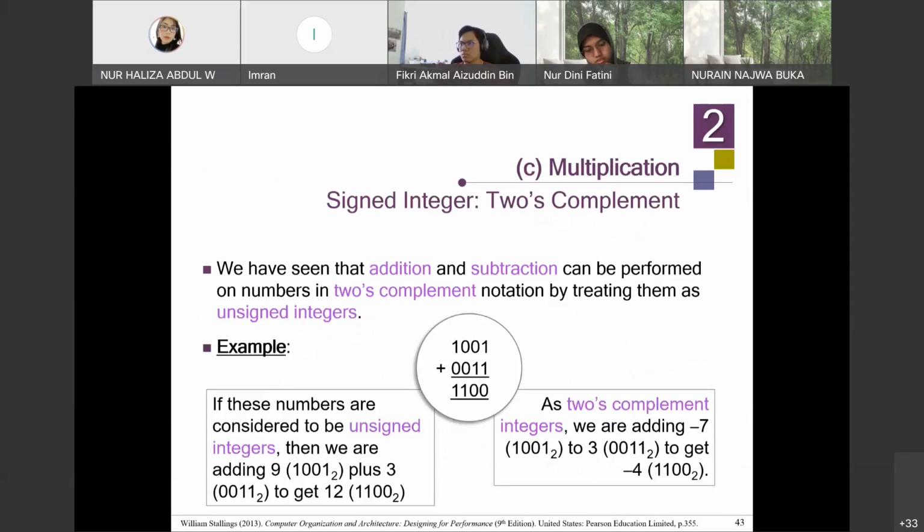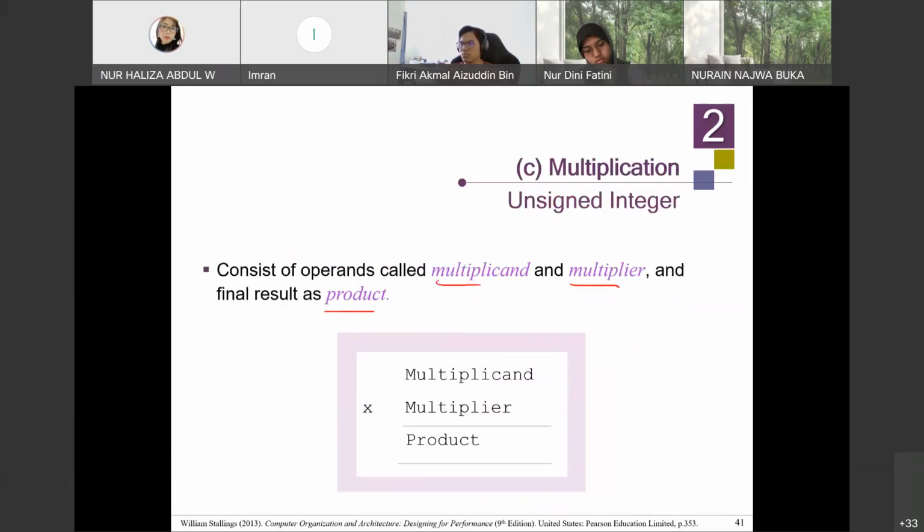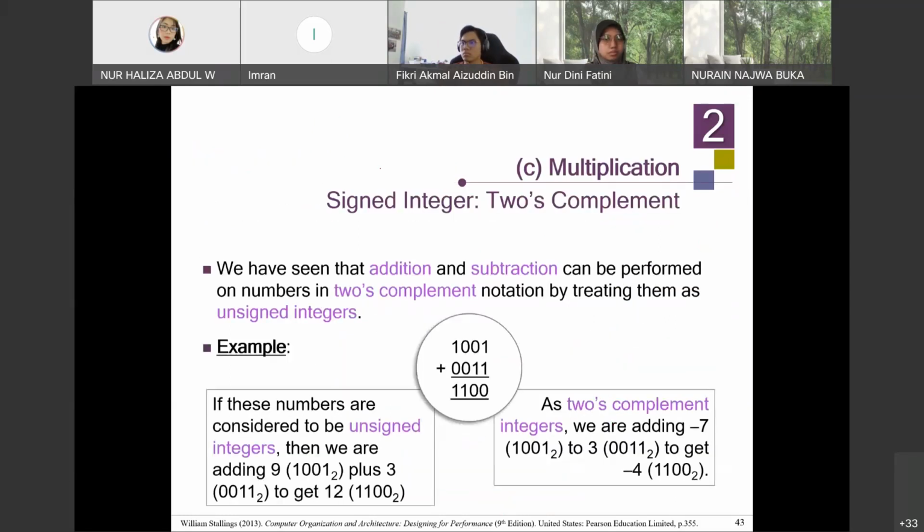And just now, it's in terms of normal, which is the unsigned integer. When you are applying with the unsigned, it means everything is positive. There is no negative, right? So when you are having signed number, of course, you're going to apply the 2's complement, which is second complement.